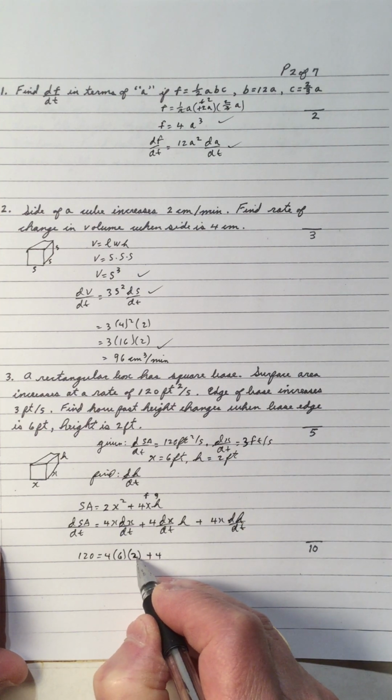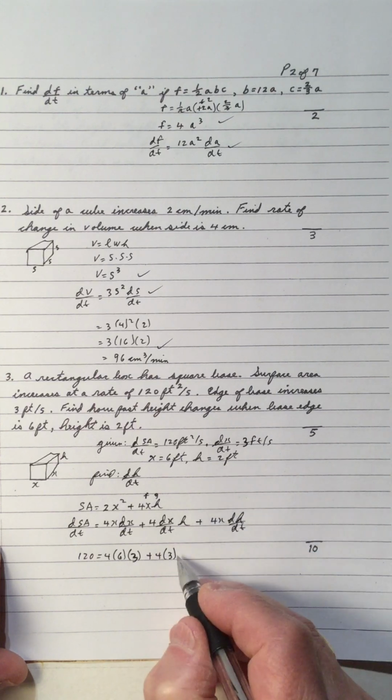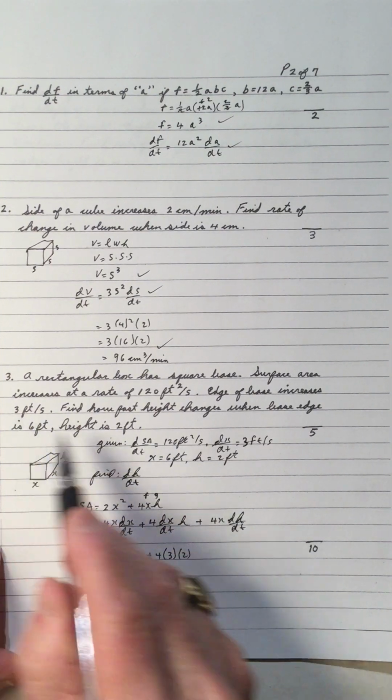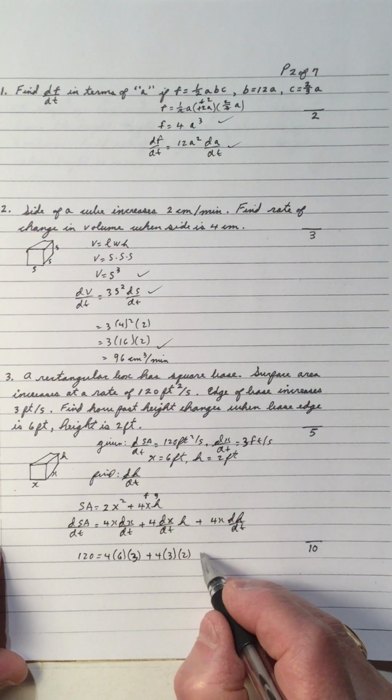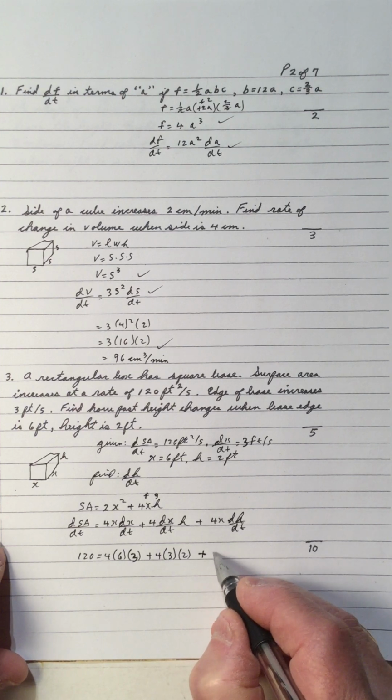So that's a 3, and there's a 3 there, and the height is 2. I just looked at it, said a 3, but wrote down a 2 here. I do those, what I call silly errors, occasionally.